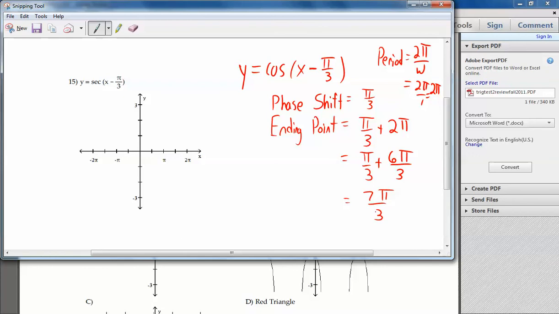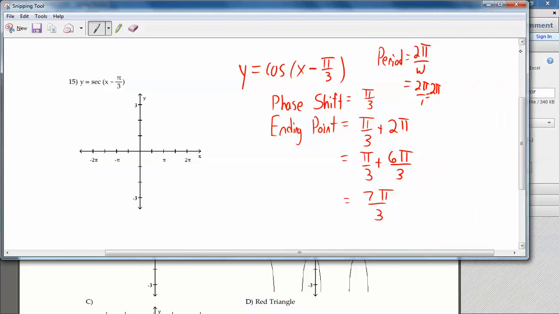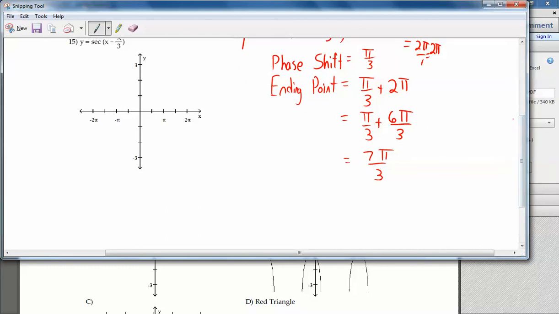So my graph will end at 7 pi over 3. My amplitude is going to be what? 1, because there's no number written in front of cosine, so you just think about the amplitude like the absolute value of 1, which is 1. So that means I can draw one complete period of this graph between pi over 3 and 7 pi over 3.